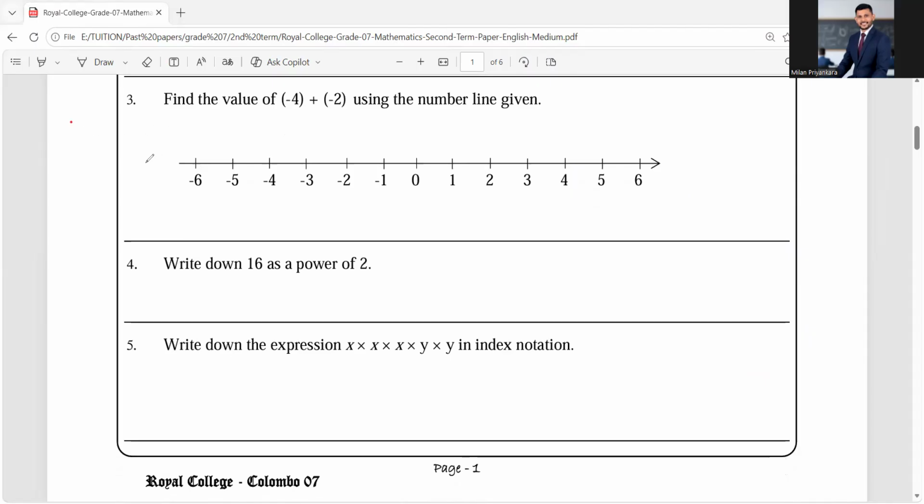Also, I have to remember one more thing: when you answer a question paper, you don't have to answer from the first question to the last question. You can start anywhere. The best thing I suggest is that you start with the easiest question.